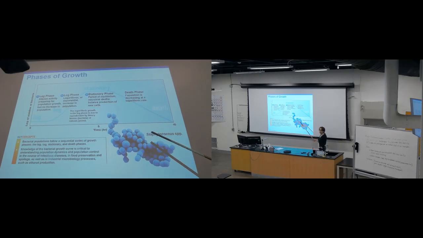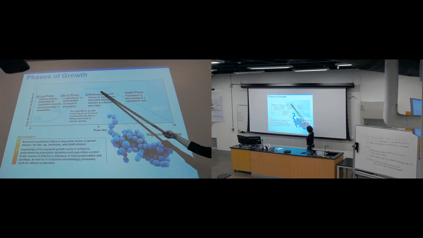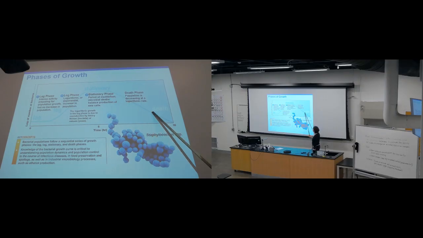The reason for this is that you lost the nutrients, and as the bacteria are dying, you have also accumulated part of the metabolism of bacteria, some metabolites, like byproducts that can be toxic, that accelerate the death rate because you have a lot of waste and you don't have more nutrients.